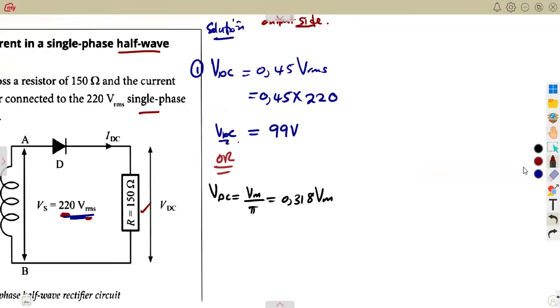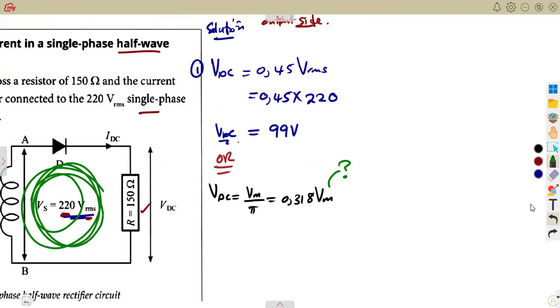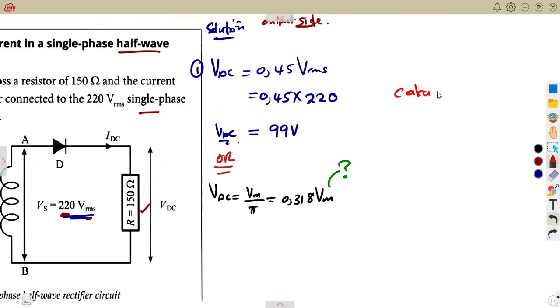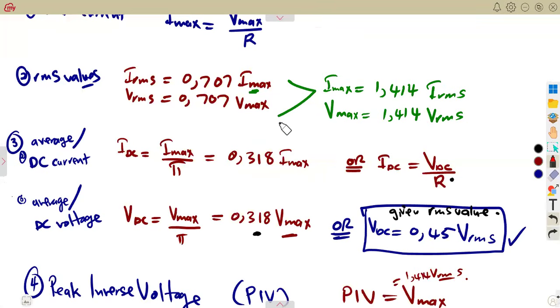But the question is, do we have the maximum voltage on the secondary side, on the output? No, we do not have it. We are given the RMS value. So you are forced to calculate Vm at the secondary side. From the RMS value, how do you calculate the maximum?